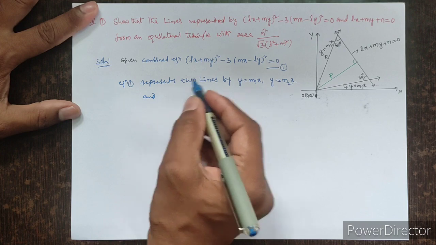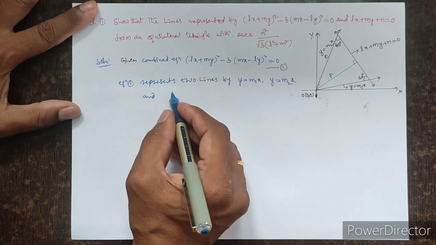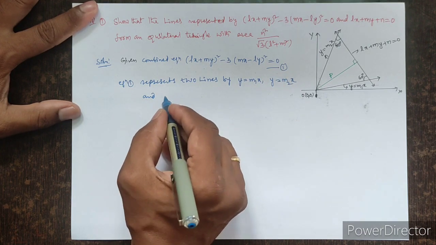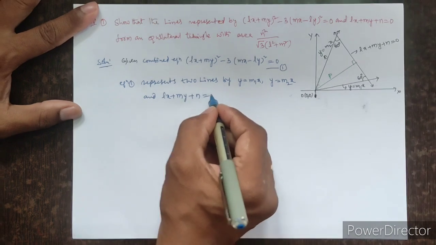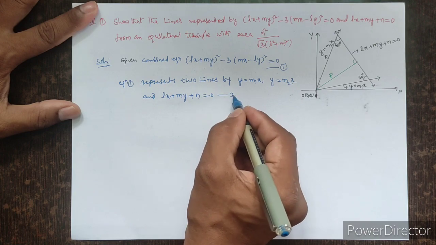And in that problem, the given line Lx plus My plus n equal to 0 is equation number 2.